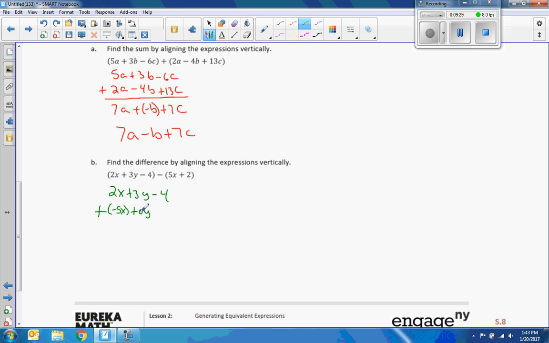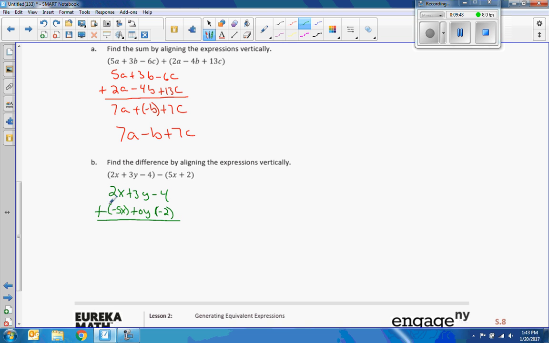There are no y's, so 0 times y is nothing. And then we have a plus 2. And actually that's a negative 2, so it's going to be plus negative 2. So I'm going to put parentheses here, negative 2.